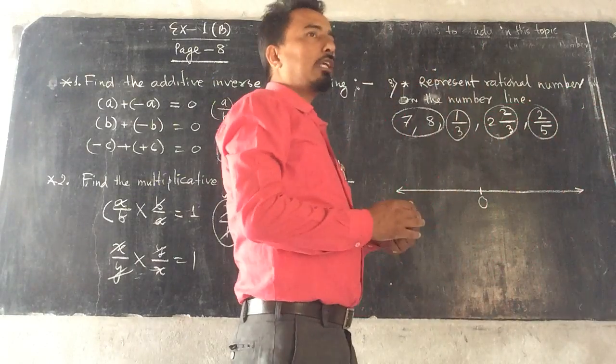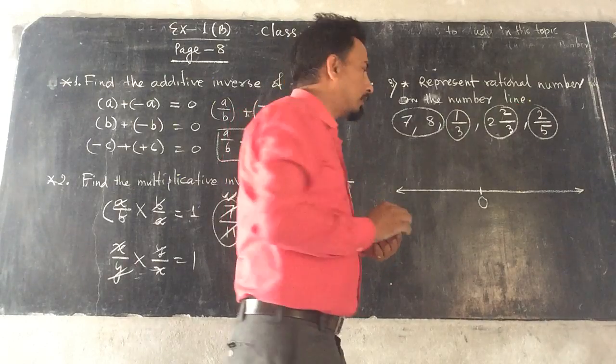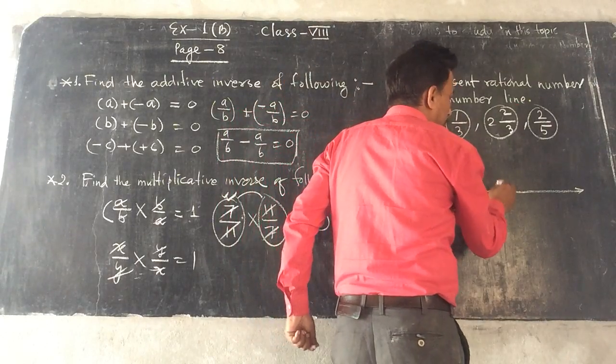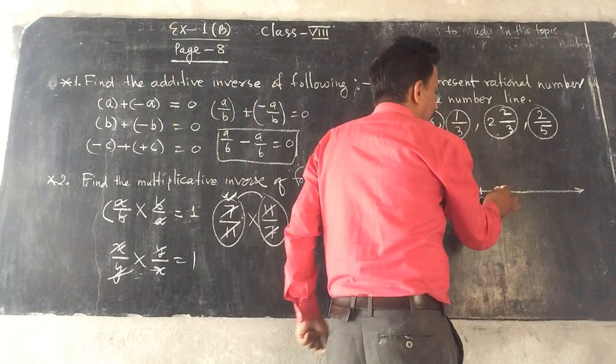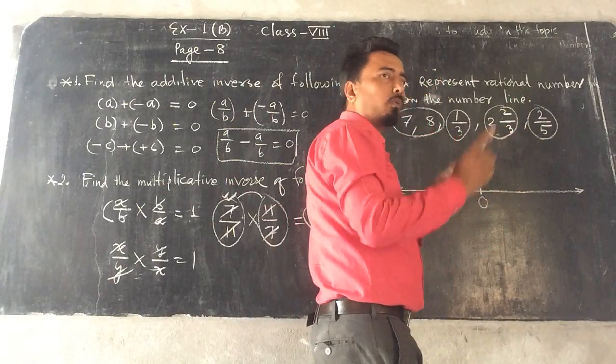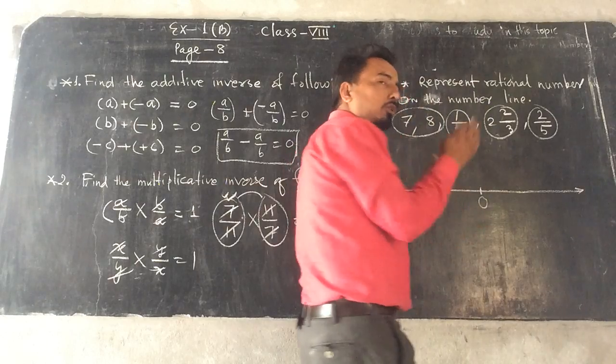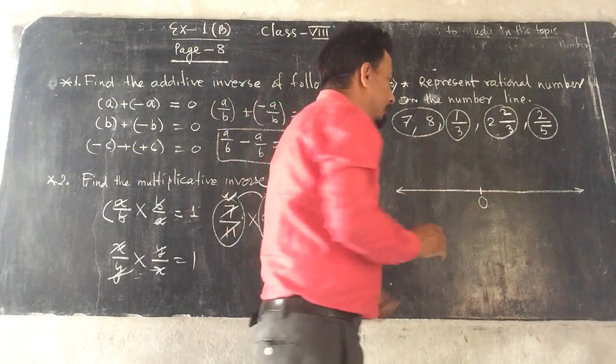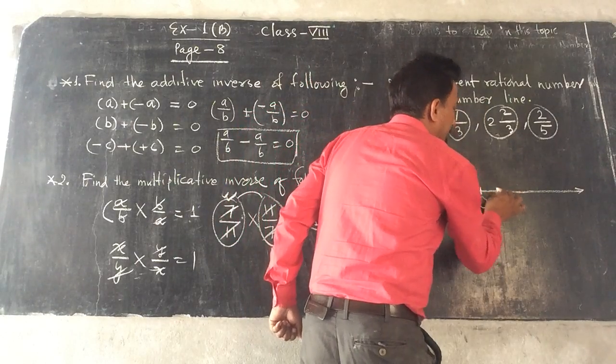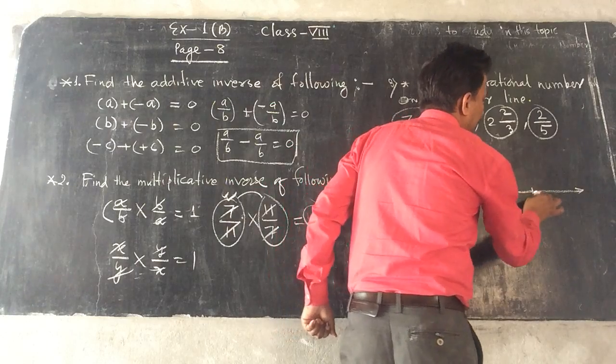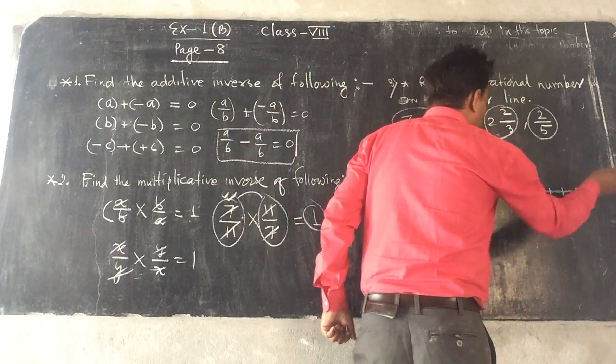If you want to indicate the numbers here, first you have to take units. Equal units you can take, by using a scale, but for the first time I am not using a scale. So it is 1, 2, 3, 4, 5, and so on.